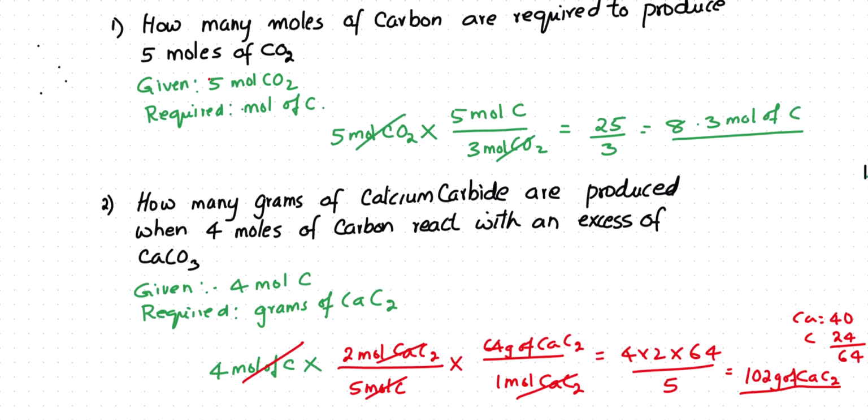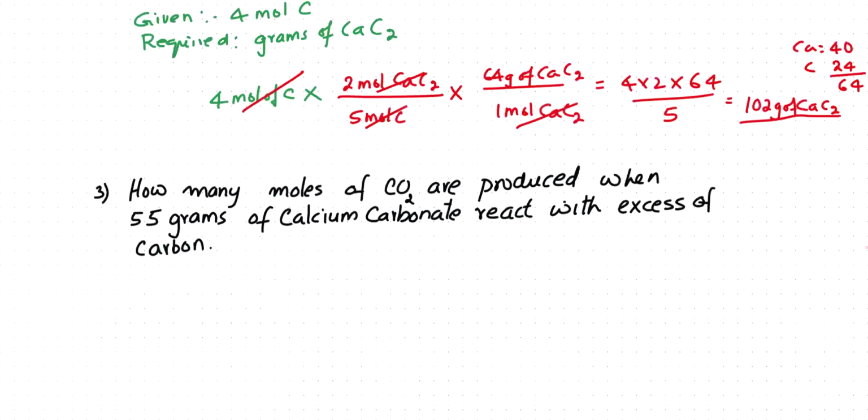Third example: how many moles of CO2 are produced when 55 grams of calcium carbonate react with excess of carbon? So first we write the given amount. So here given is 55 grams of calcium carbonate, CaCO3, and required is how many moles of CO2.